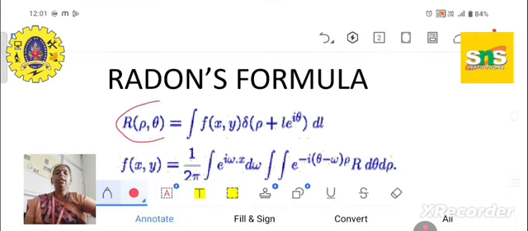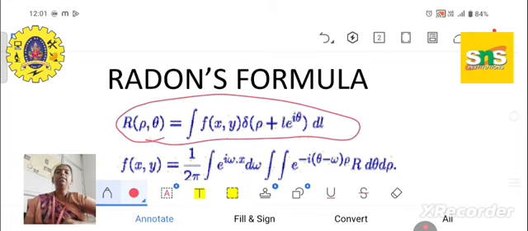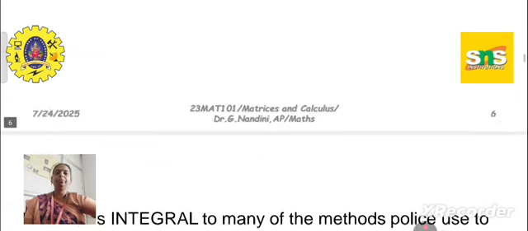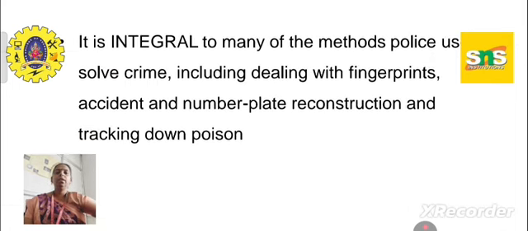So, this Radon formula plays a very important role in forensics math. It is integral to many of the methods police use to solve crime, including dealing with fingerprints, accident and number plate reconstruction, and tracking positions.